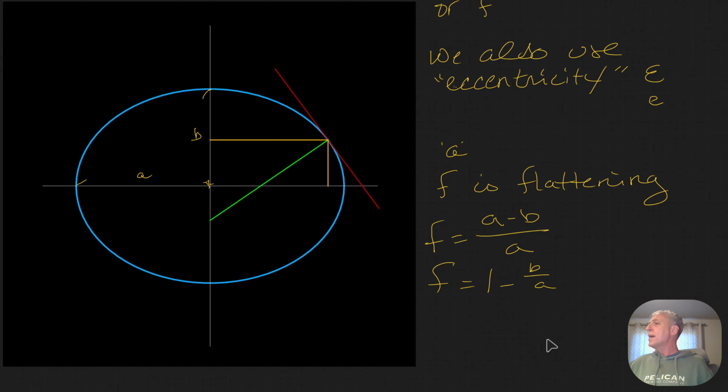Let me back up a second. This is how the flattening is defined. Now, what is really reported? Most often what is reported is the inverse of the flattening.